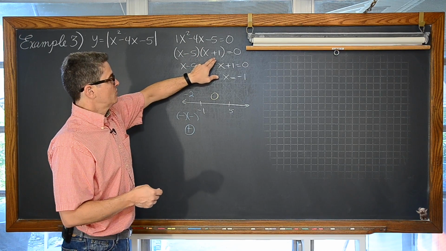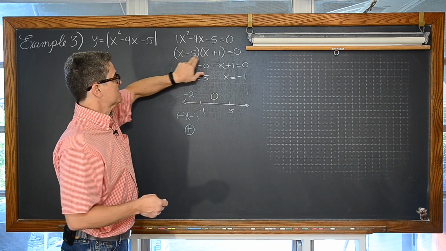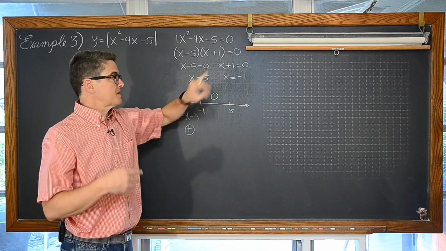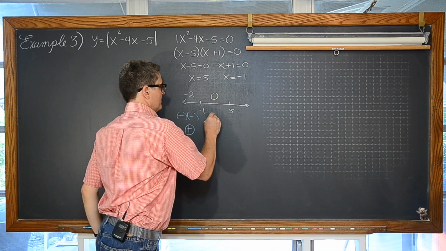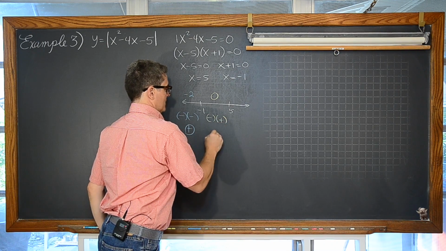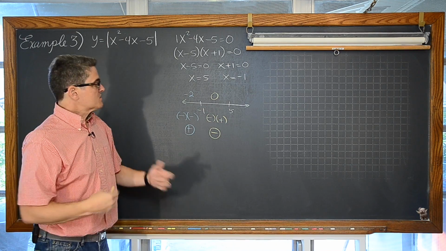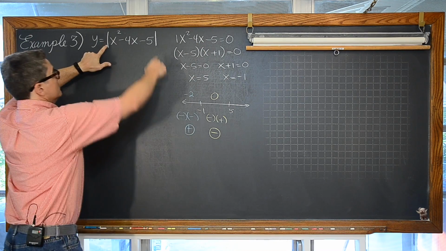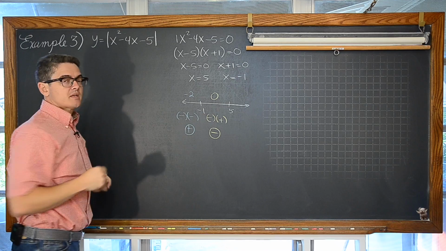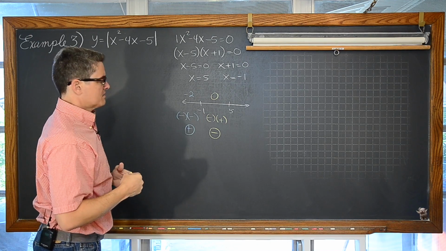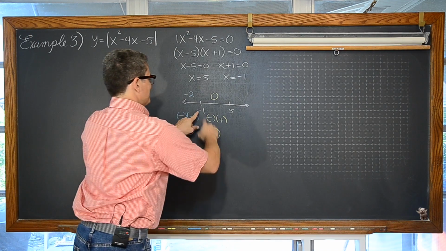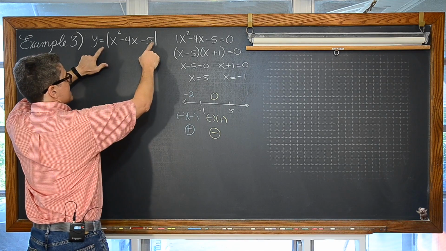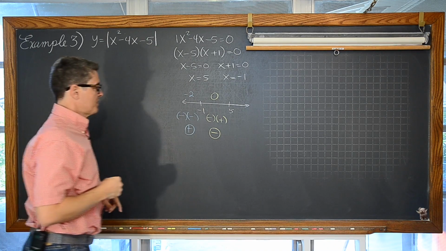Negative times, well, 0 plus 1 is positive, so negative 5 times positive 1, or just a negative times a positive, comes out to be a negative answer. So for x values of negative 1 to 5, we're going to replace this absolute value function with a set of negative parentheses.